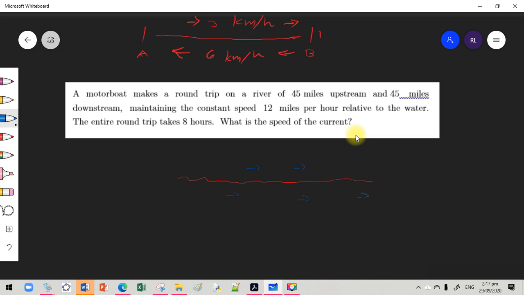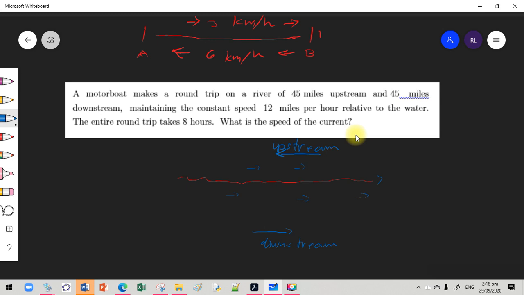When you go along with the current, you're going downstream. When you go against the current of the water, that's upstream.